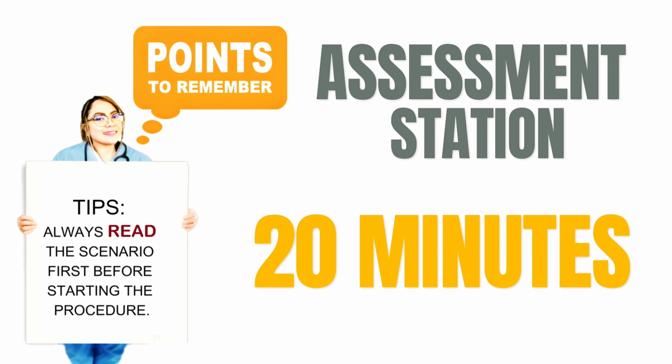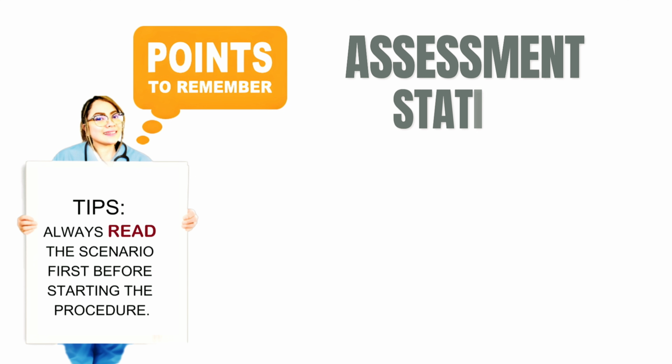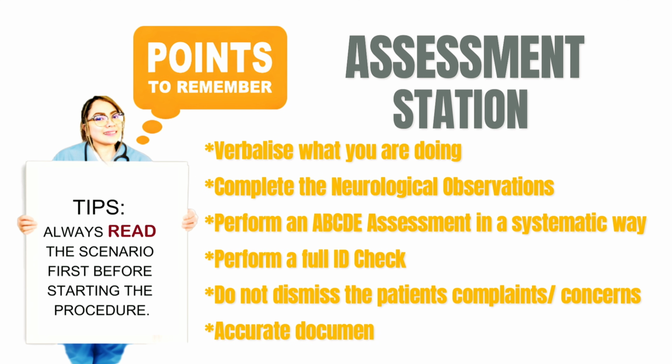Candidates, remember that you only have 20 minutes to finish this station. Candidates, you have to always verbalize what you are doing. You also need to complete the neurological observations. Perform an A to E assessment in a systematic way.